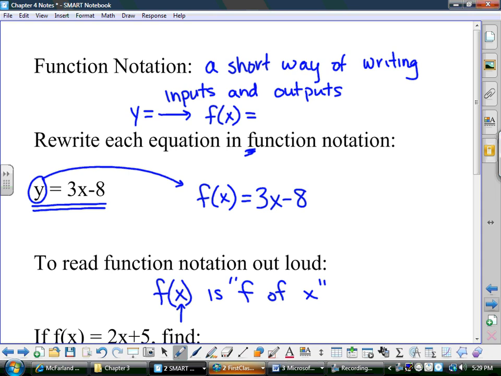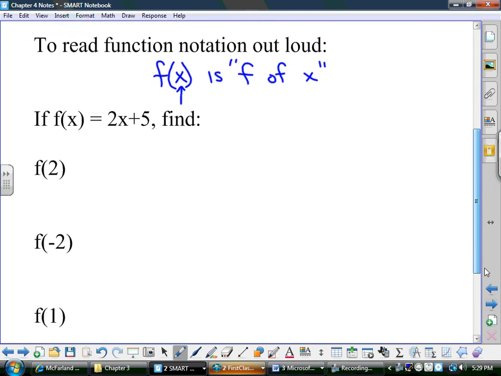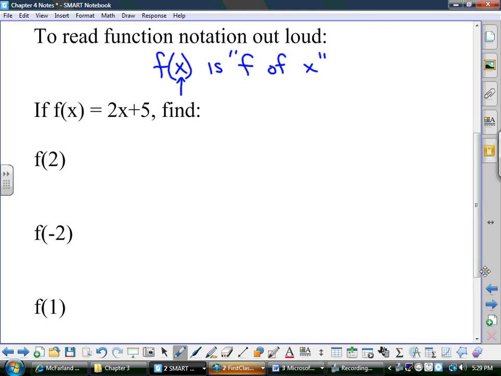How is this shorthand? So far it seems like the same amount of work. Well, some examples might make a little bit more sense. If f of x equals 2x plus 5, let's find f of 2, f of negative 2, and f of 1. When there's a number inside the parentheses, that's the number that we're going to plug in for x in the rule that we have.